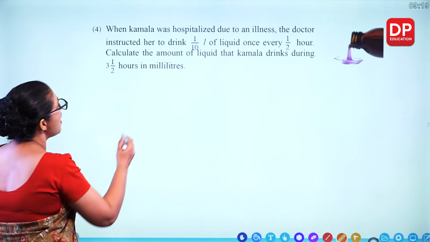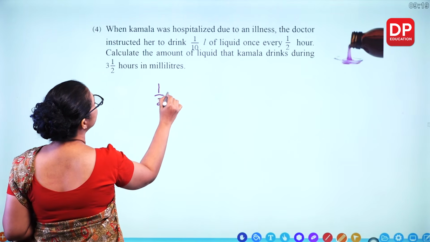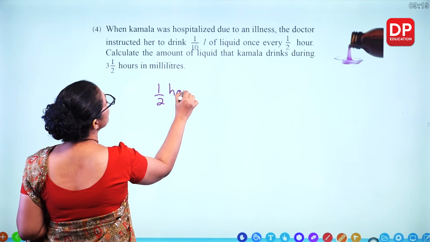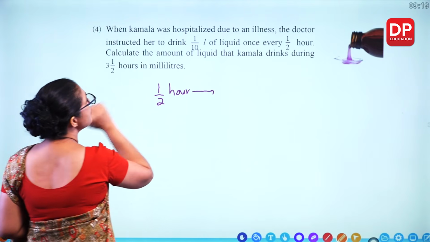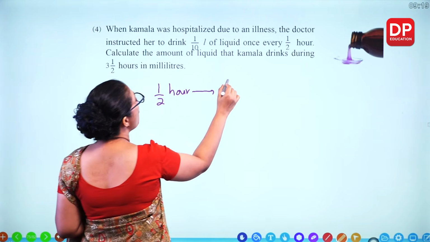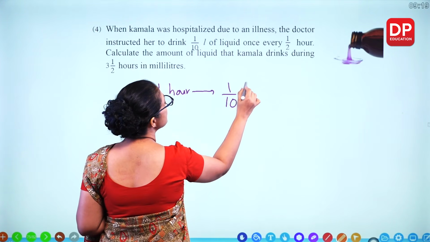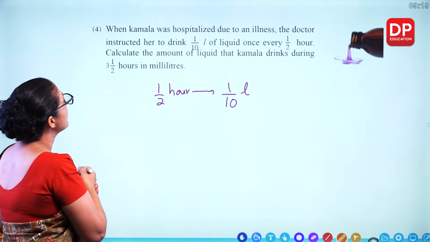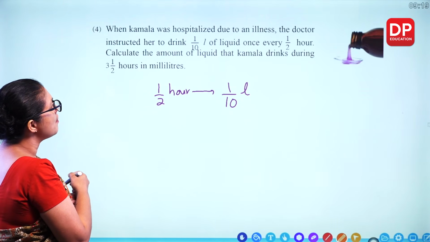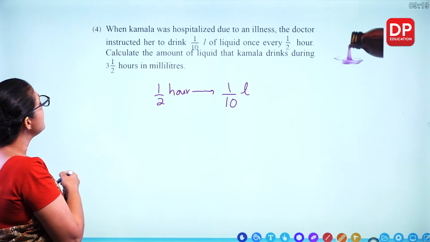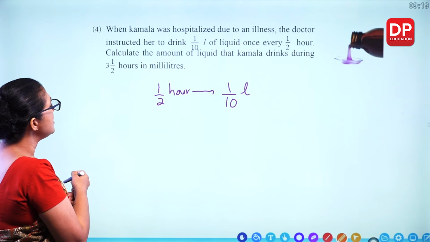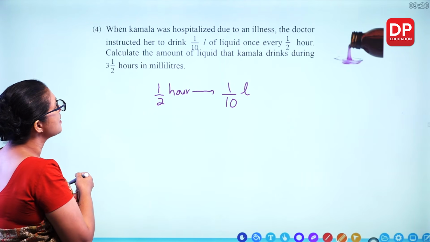So here half an hour she drinks 1/10 of a liter.